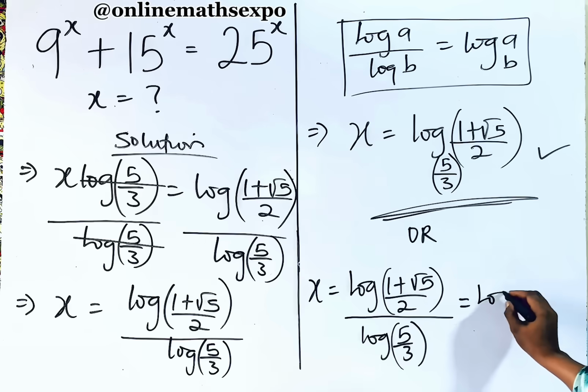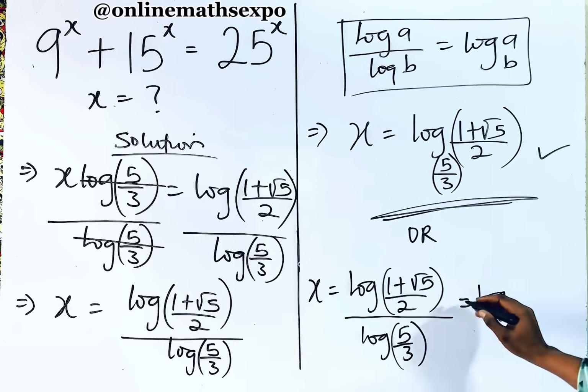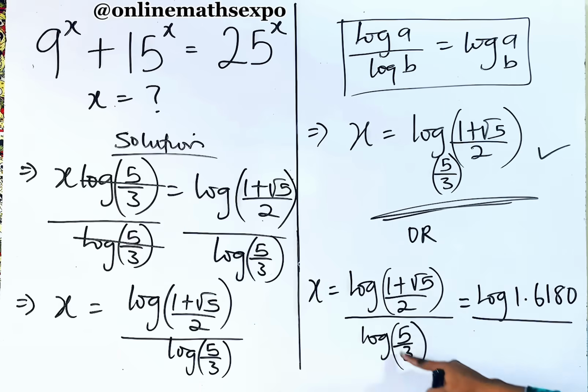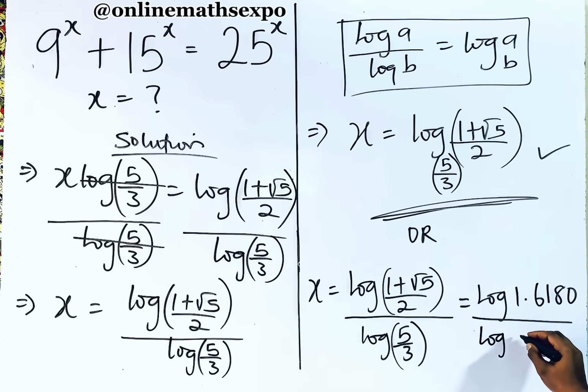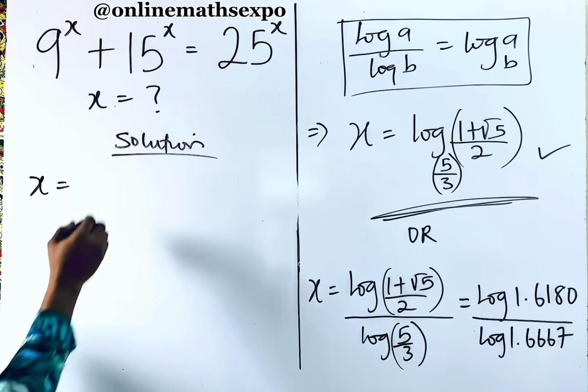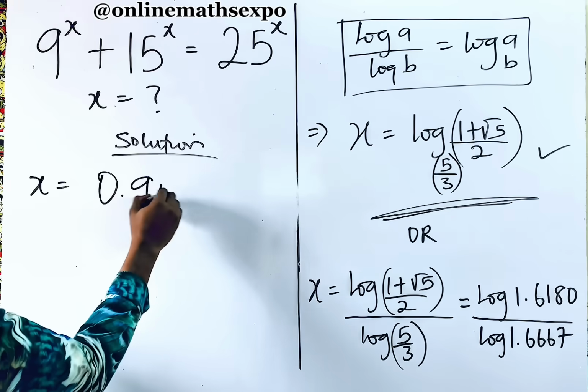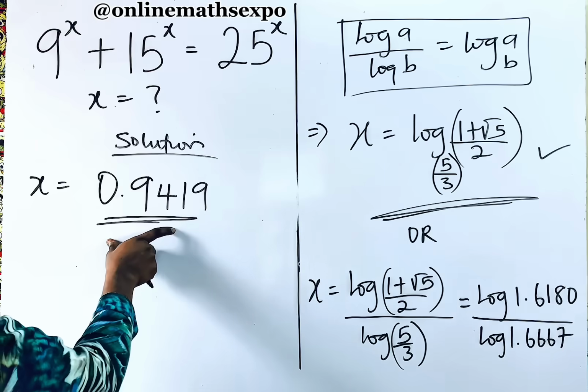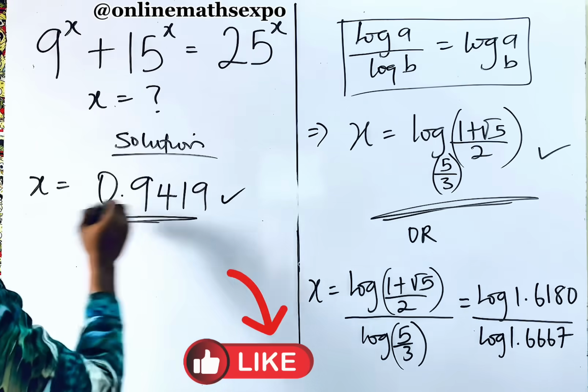It is going to give us log of 1.6180, okay, divided by log of 1.6667. Now simplify this, key this into the calculator, we have x is equal to 0.9419, approximated. So this is the value of x when you input it in your calculator, okay?